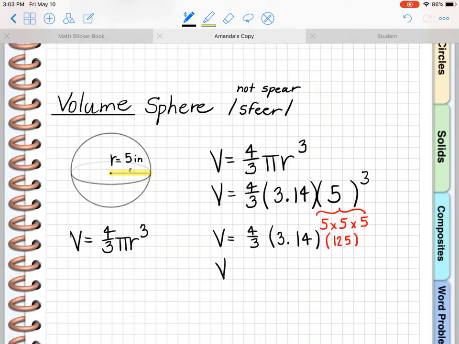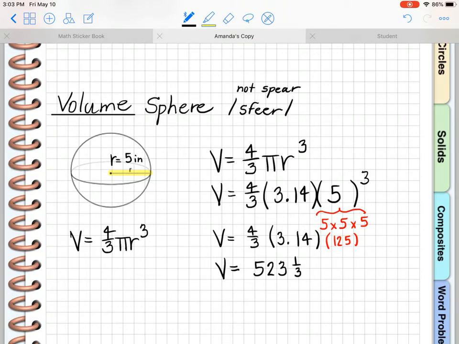And then you just put this in your calculator, just like you have put any fraction in. It can be a top-heavy fraction, an improper. So you're going to type 4 ABC 3, 3.14 times 125. And I got this number. I need to check my work because my calculator doesn't do fractions.